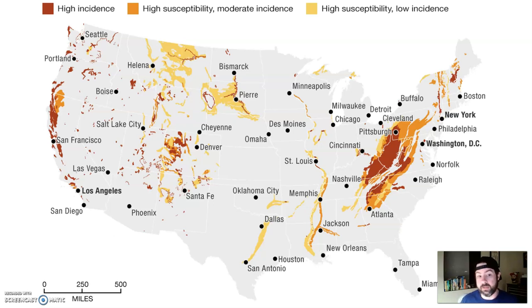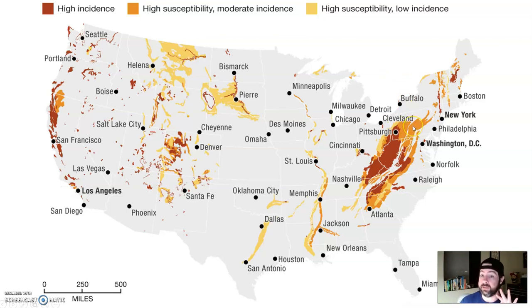that shows, well, let me just explain the different colors. So red, the dark red color, these locations have a high incidence, meaning they have a lot of mass wasting events. Orange is moderate incidence, so they have a medium amount, but they're very highly susceptible.